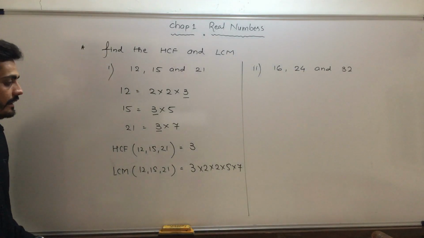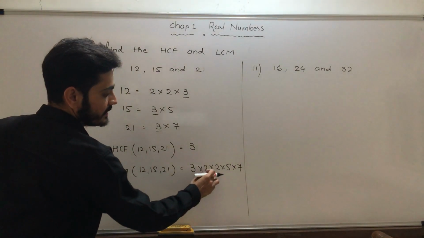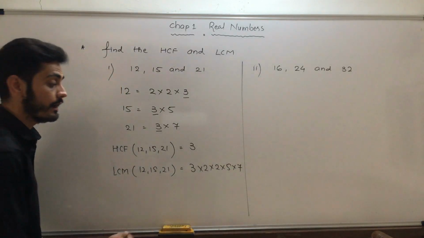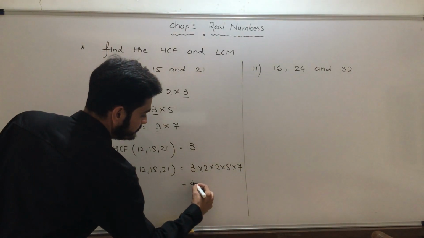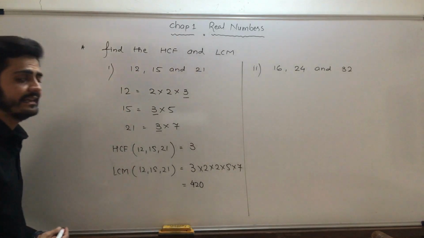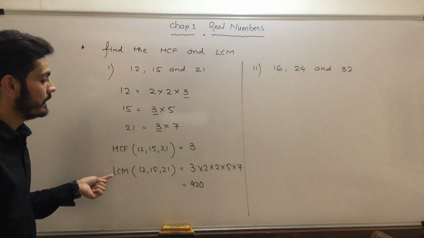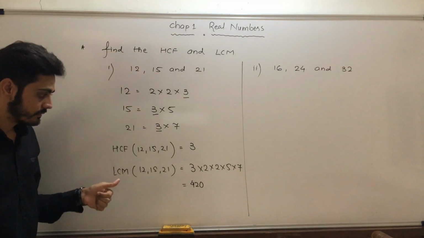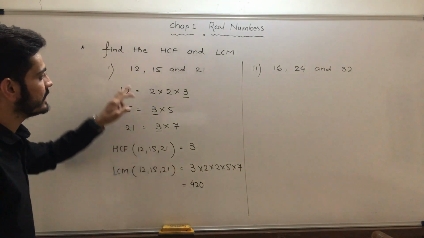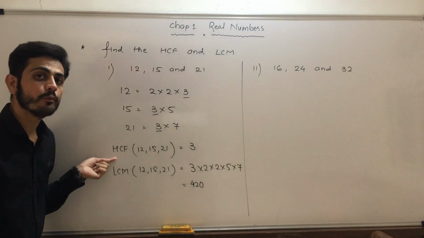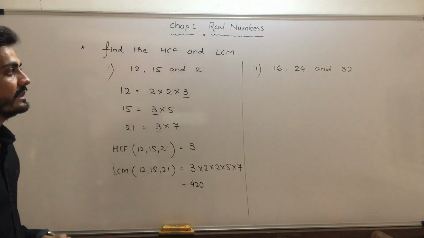Multiply them: 2 twos are 4, 4 fives are 20... 3 2s are 6, 2s are 12, 5s are 60 and 60 7s are 420. So 420 is the LCM of the given three numbers 12, 15 and 21. Least common multiple means that 420 is in the table of 12, 15 and 21. HCF is the highest common factor of the given three numbers.